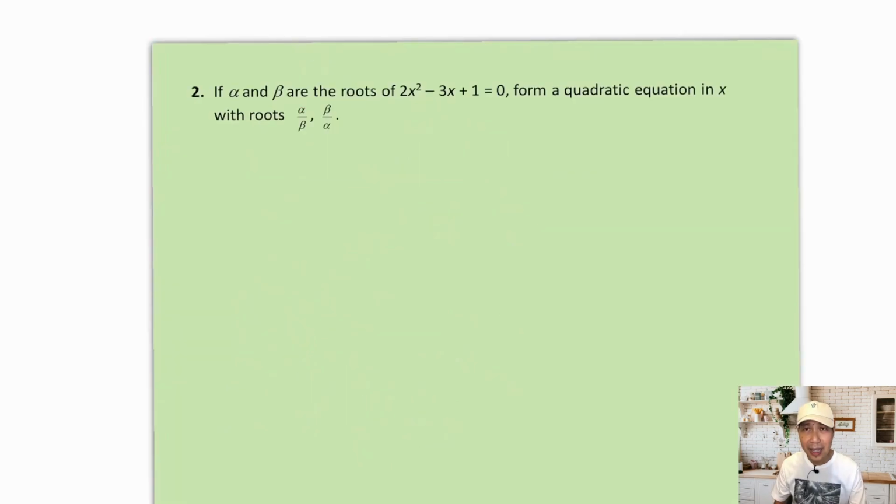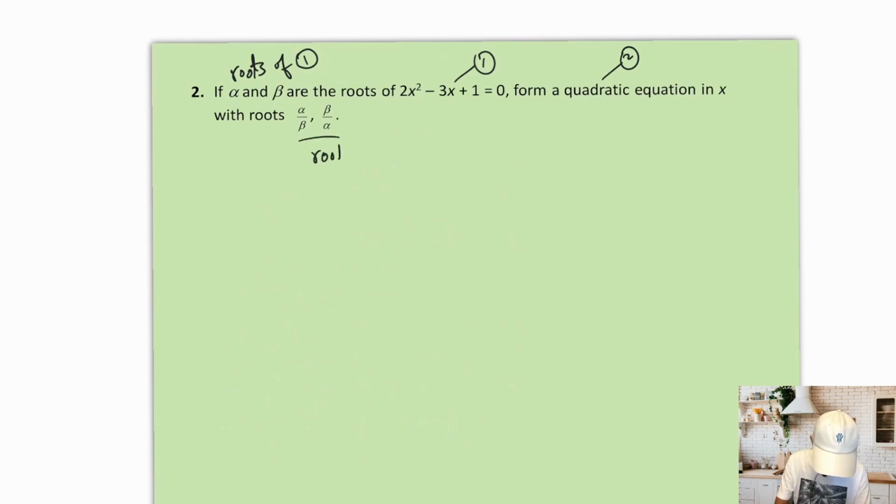If you understand question 1, question 2 will be exactly the same. We are given an equation 1, alpha and beta are the roots of equation 1. The task is to form a quadratic equation in x, equation 2, whose roots are these two roots.